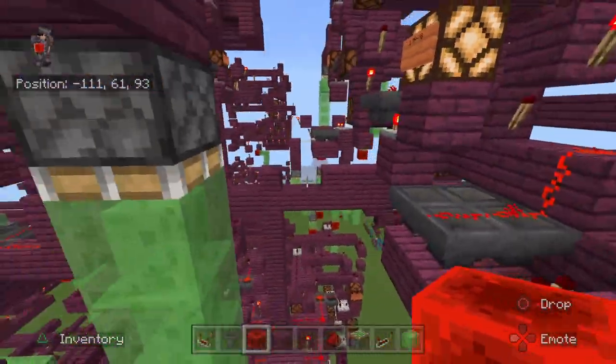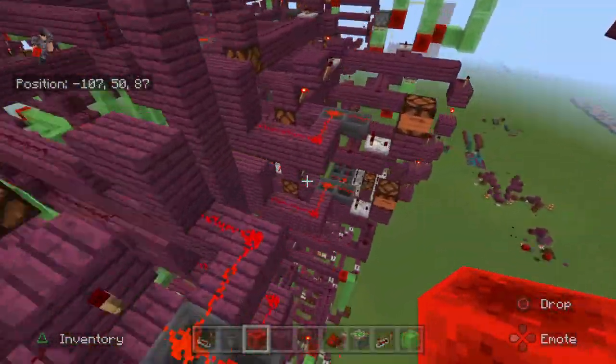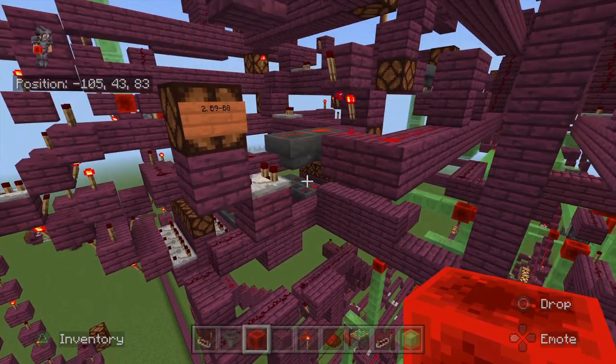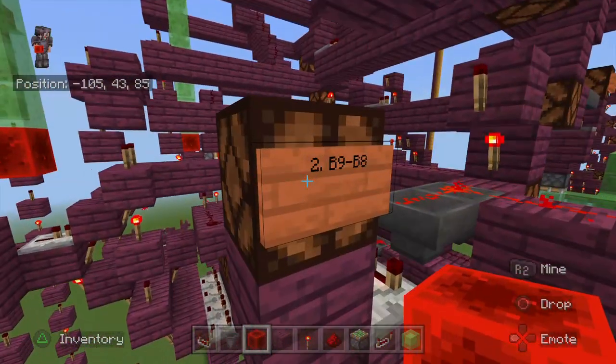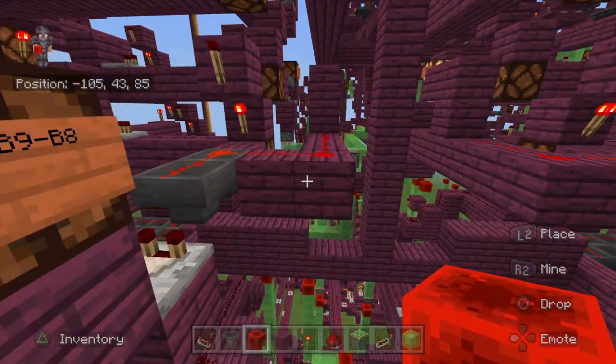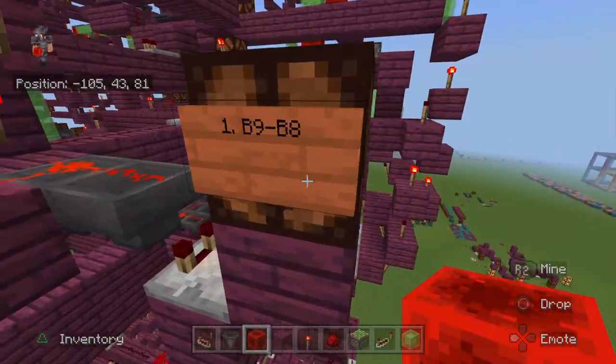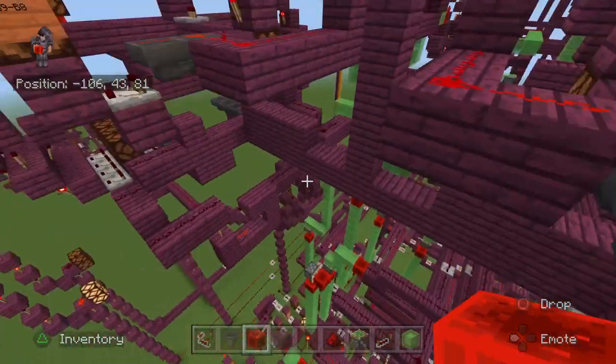Which would go to 29, and that's B9. That'd be 2B9. Since 1B9 would be 0, 9.